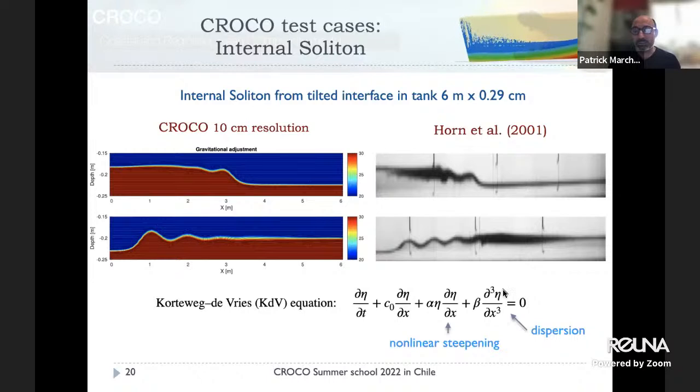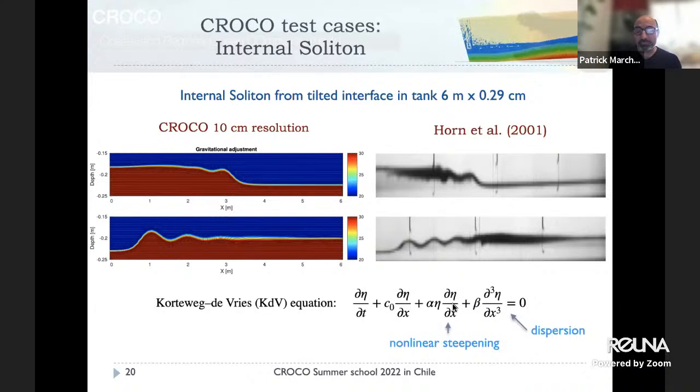Dispersion is generally given by a third order derivative, or any higher order derivatives. So here a third order derivative translates into a dispersion of waves, that is waves that travel with different speed according to their wavelengths.